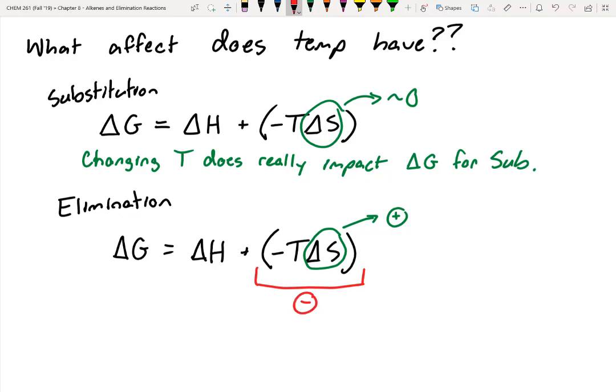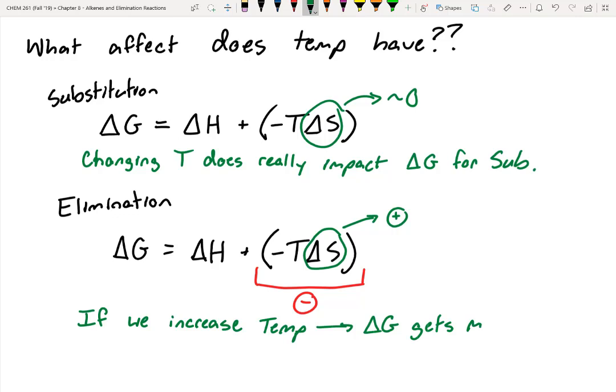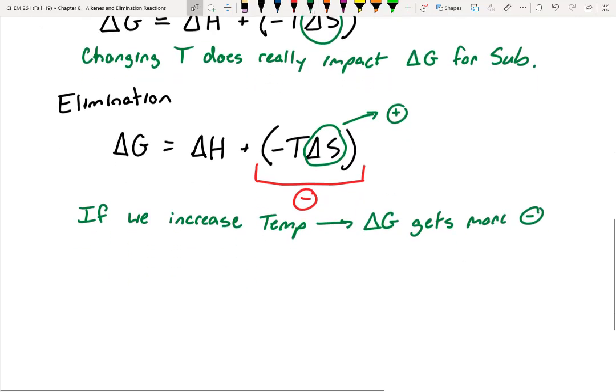So let's think about what happens if we really, really increase T. If we increase temp, what happens to delta G? Delta G gets more negative. Is that a good or a bad thing? It's a good thing, because it's more spontaneous.